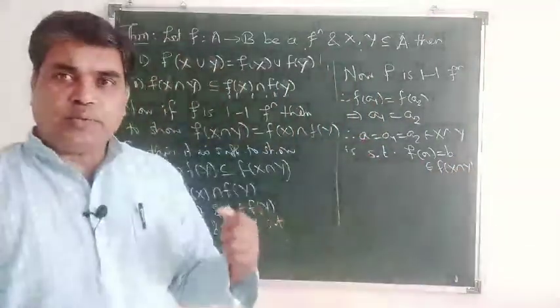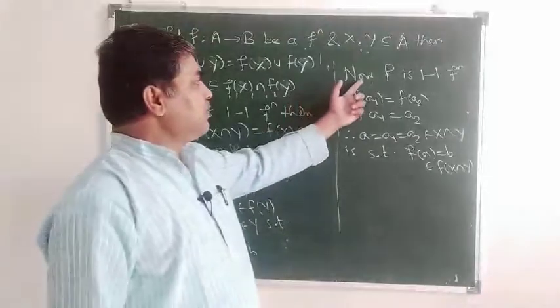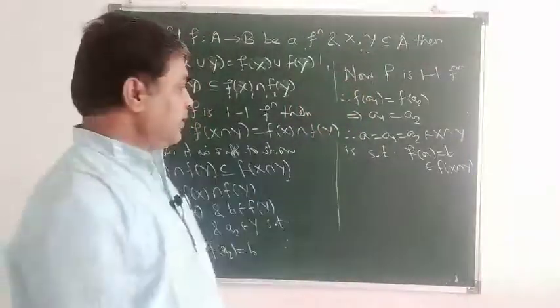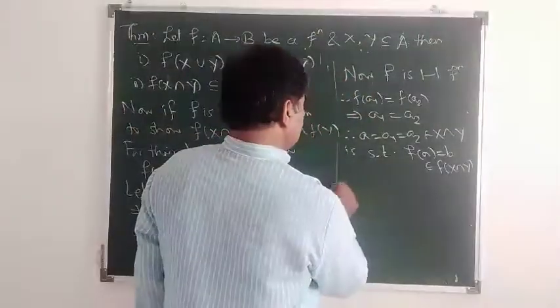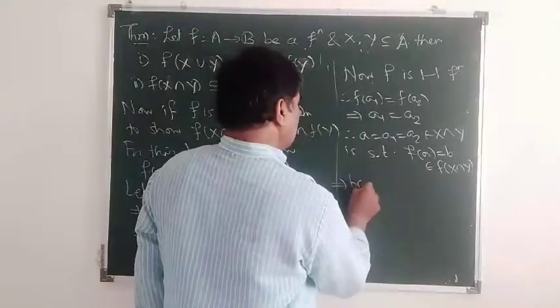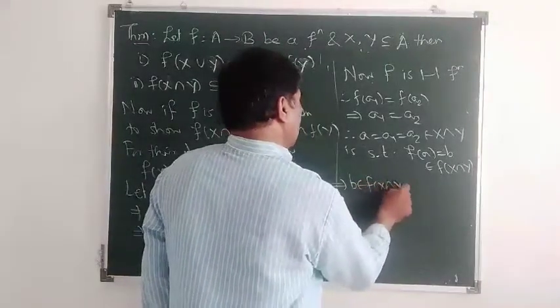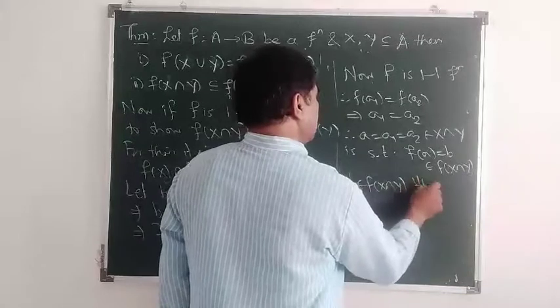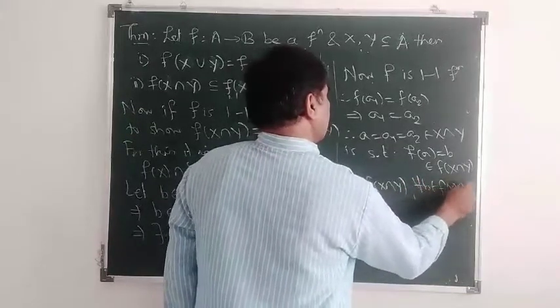So a1 and a2 are both equal by the definition of a 1-1 function. This implies b belongs to f of x intersection y for every b belonging to f of x intersection f of y.